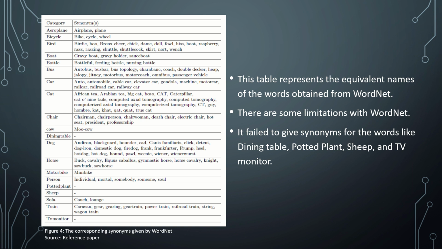But those synonyms are not correct for the word chair, and the synonyms of motorbike do not include motorcycle, and in addition there are some categories including dining table, potted plant, sheep, and TV monitor that do not yield any synonym. Hence we expect the number of correct matches could be improved with WordNet. So by doing this, it will improve the efficiency of the Google Cloud Vision API with WordNet in image recognition.